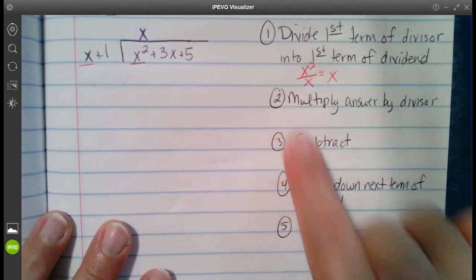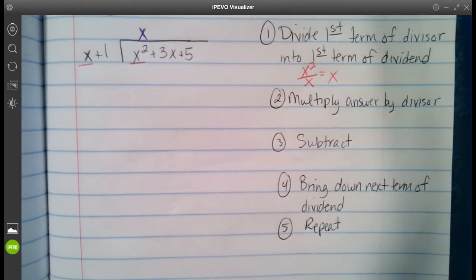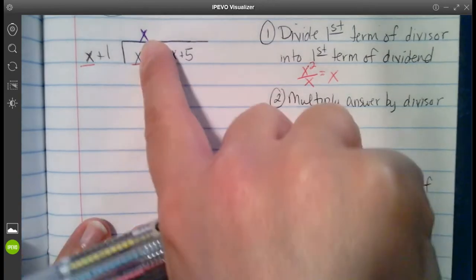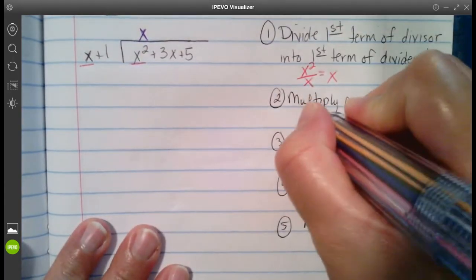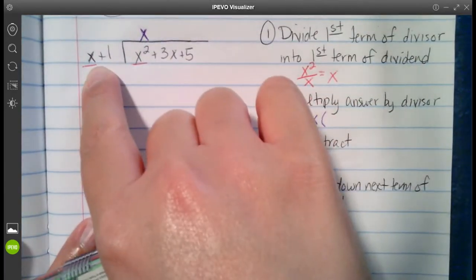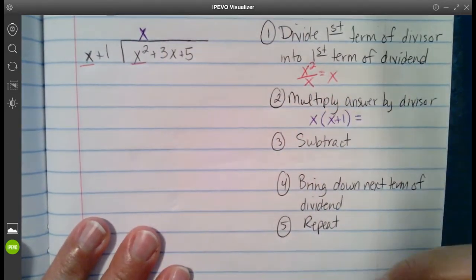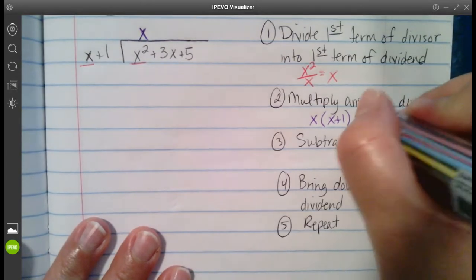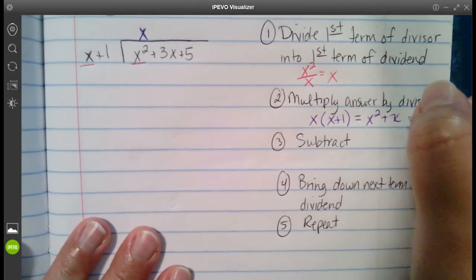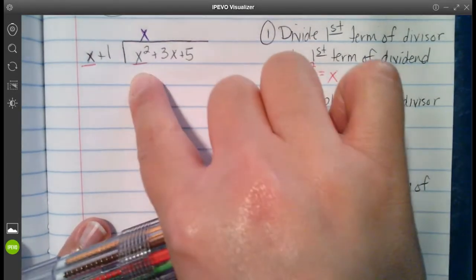Step number 2 is to multiply the answer by the divisor. My answer is x, so I'm going to multiply x times my divisor, x plus 1. That's going to give me x squared plus x, and that's what goes on the next line.